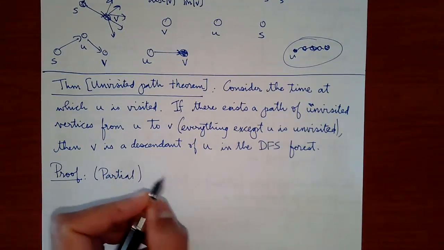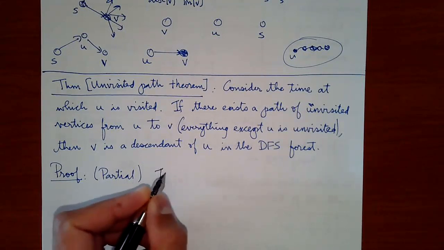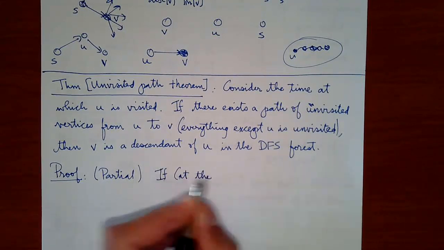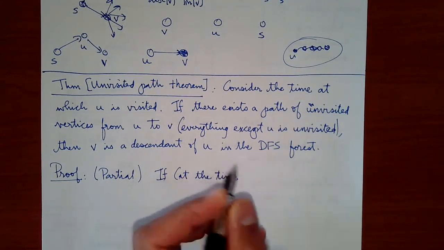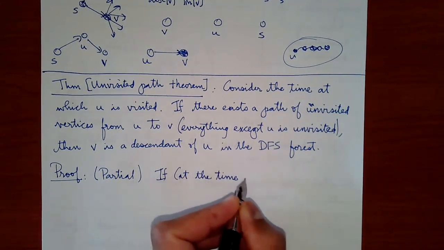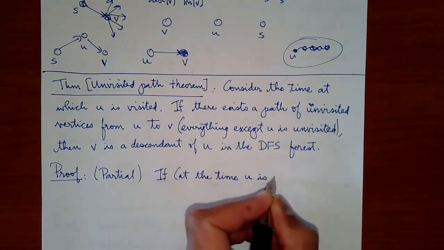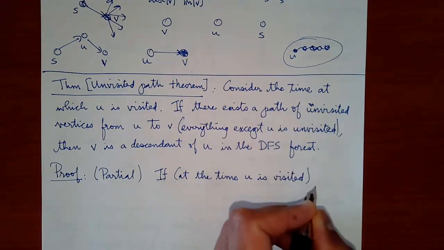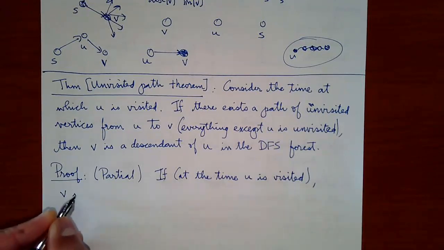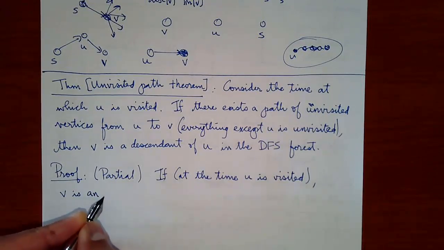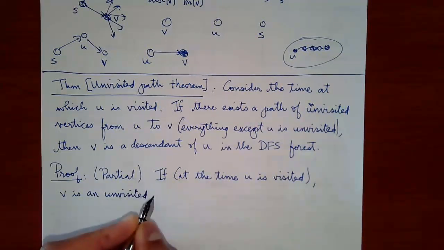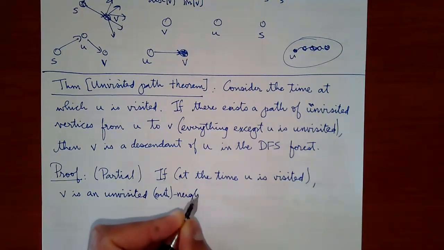So I'll just say that if, at the time U is visited, V is an unvisited out neighbor. By neighbor, I usually mean out neighbor.